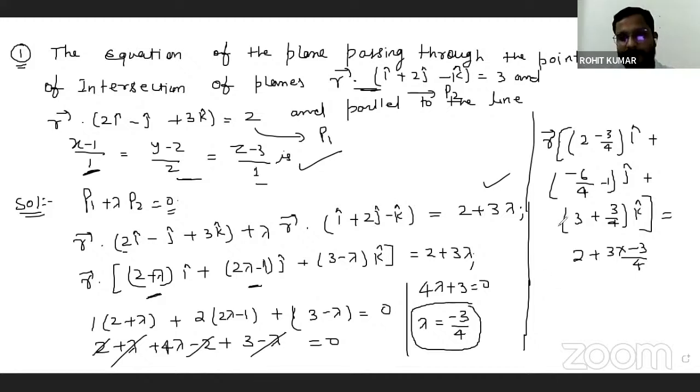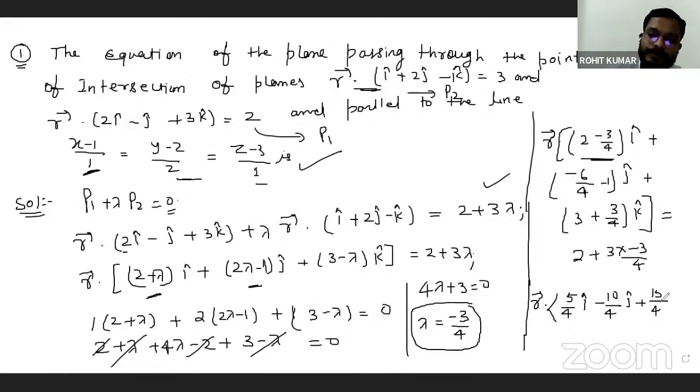When you simplify this, it will come as 5/4 i, minus 10/4 j, and 15/4 k, equal to -1/4.